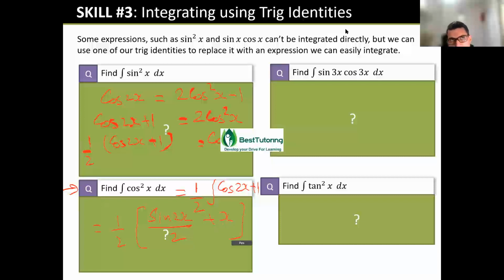So integration, differentiation of sine is cos, so we get minus, okay? And once you have done it, you are right. What you're saying is a quarter sine 2x plus half x plus c. Yes, we get that one, guys.